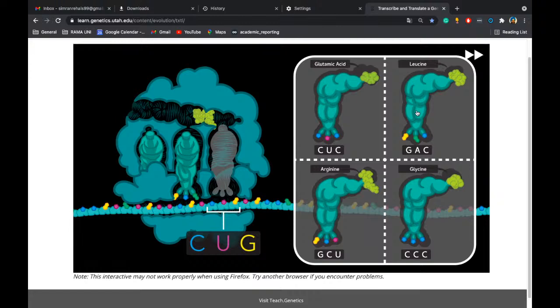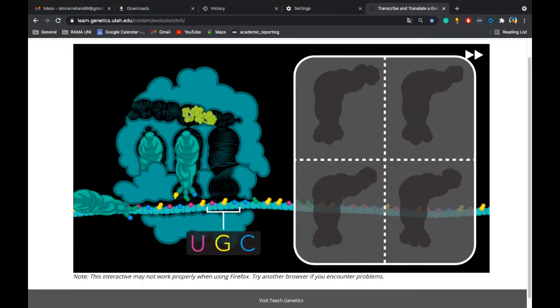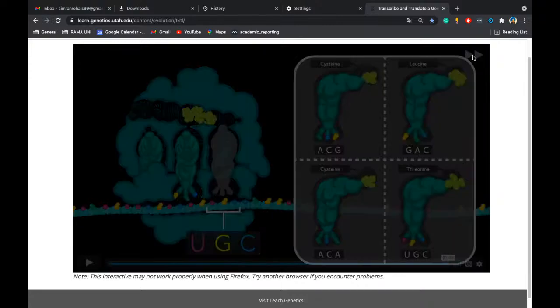Will it be glutamic acid, leucine, arginine, glycine? Yeah, it will be leucine. So in this way you can see there's a small polypeptide chain of amino acids being made here very nicely. So let's move it forward.